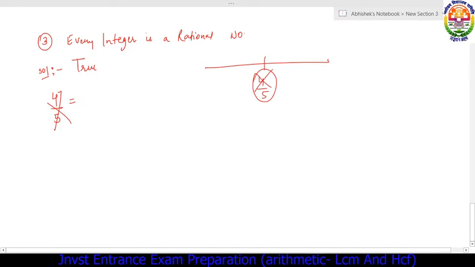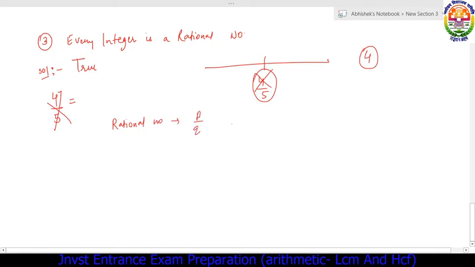Let's take another example, a number, say 4. Is 4 a rational number? A rational number is p by q.